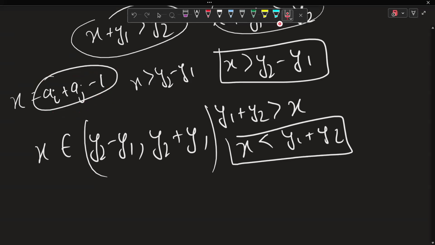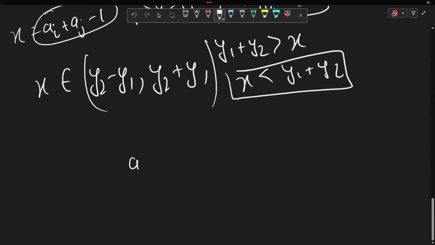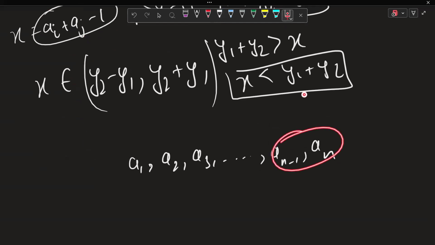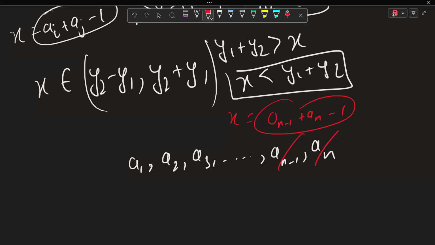So how would that happen? Let's say you have a1, a2, a3, and so on. Let's say you selected any two values, an minus 1 and an. Then you would replace these two values with what x? You would take the sum of them minus 1. So they would be replaced by this. After that, maybe you have some value an minus 2.